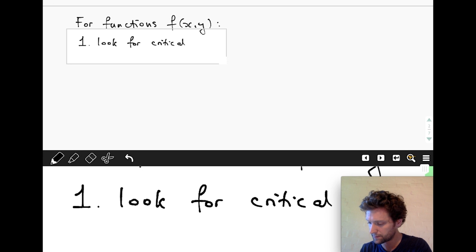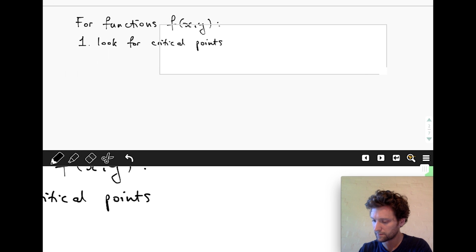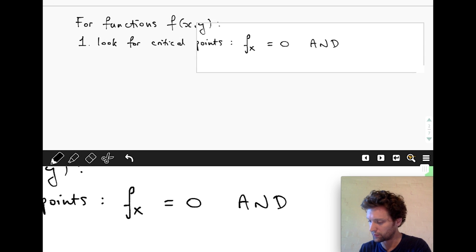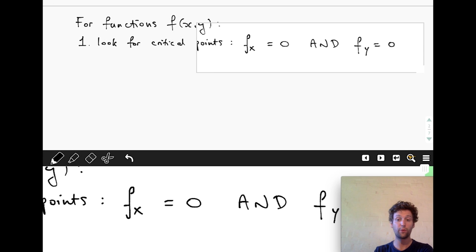And again, those are points where the first derivative with respect to x is equal to 0, and the first derivative with respect to y is equal to 0. So you see that that's already given us something new, because that condition, that the first derivatives are equal to 0, is going to give me two equations for my unknown variables, x and y.